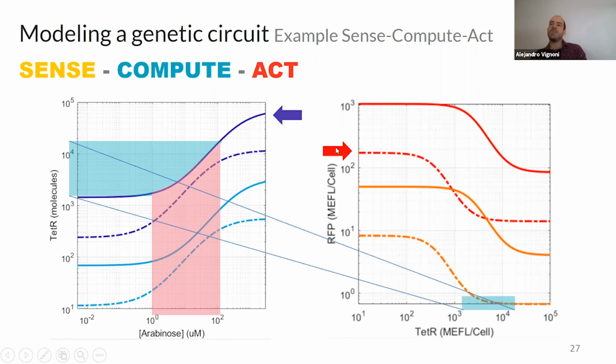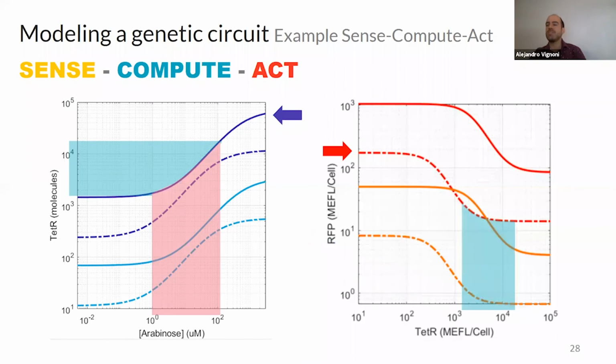And imagine that we want to use the red, this one, the one with the arrow, which was the mid copy, lower RBS, high RBS, sorry, the B30. Then our range of input in this case will hit this curve, and the output that we will get will be in this range. So what happens here?